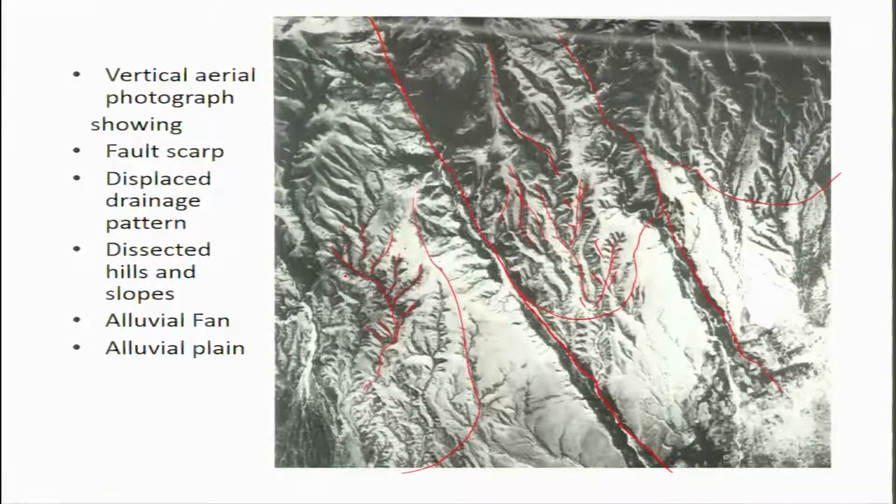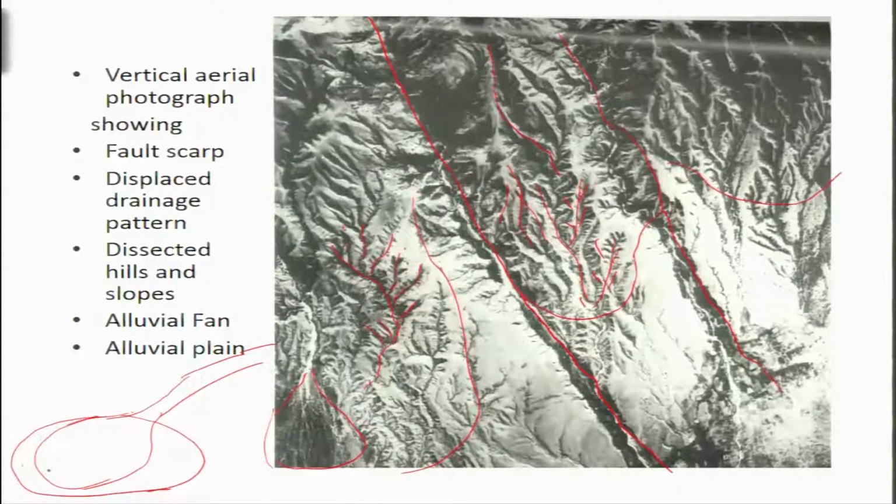These are the drainage patterns, and here a very prominent alluvial fan is shown. An alluvial fan forms when the river debouches into a sea or some lowland, coming from an upland region. Then it will form an alluvial fan at the base.